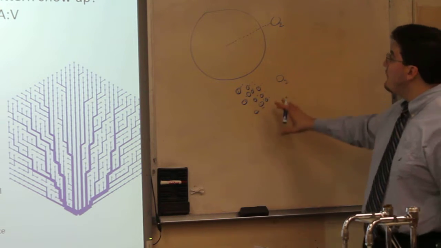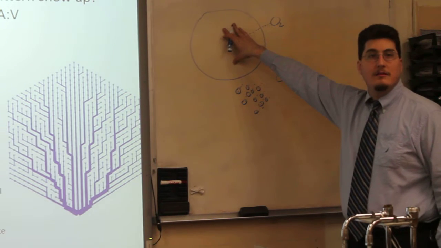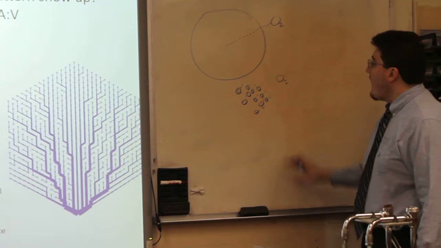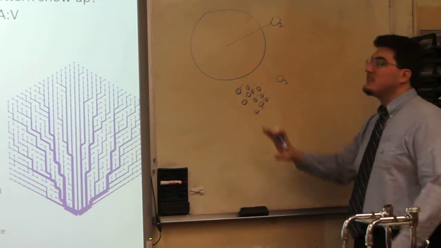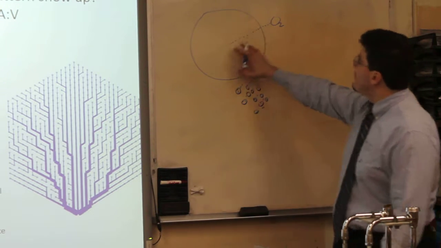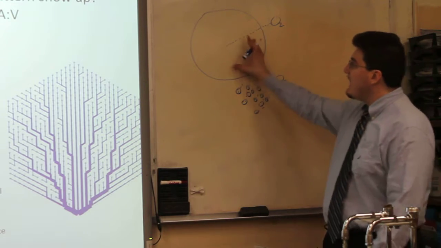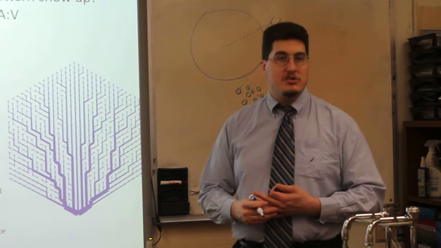And I have now filled, if I have thousands of these versus one of these, suddenly it's only taken me 1 or 2 seconds to completely oxygenate all of this blood compared to the 30 seconds it took me to oxygenate all of this blood. So that's why we see this fractal branching.